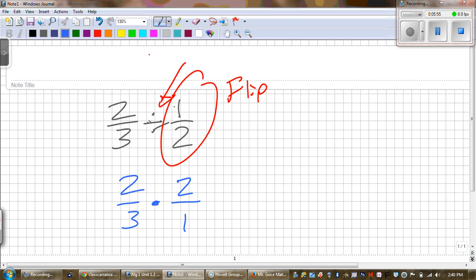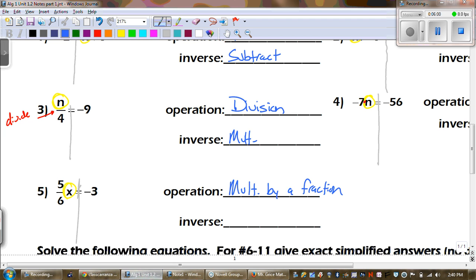But what did we multiply by? You multiplied by the reciprocal. So this one is the only difference, where we multiply by the reciprocal. We need to pay attention to this example.